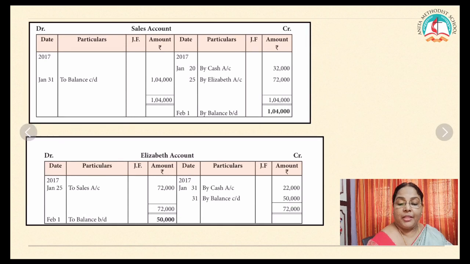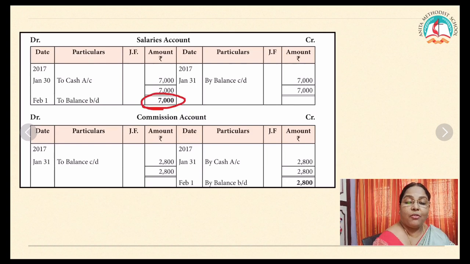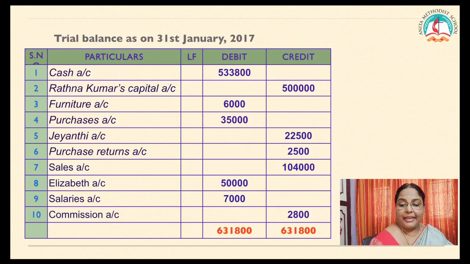What are the next two accounts? Sales account, again credit side, 1,04,000 is the balance. For Elizabeth account, 50,000 is on the debit side. Next one, salaries account. Where is the balance brought down? 7,000 on the debit side. See the commission account, 2,800 on the credit side.